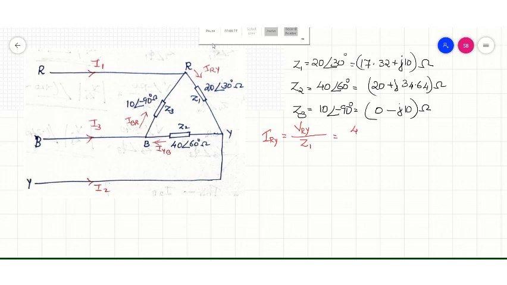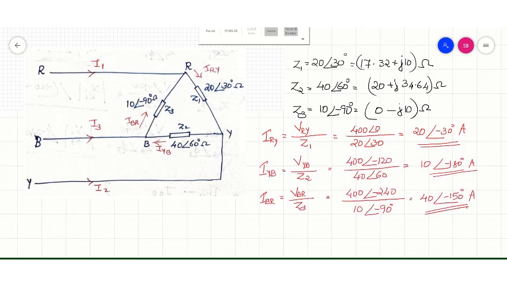So VRY is 400 angle 0 degree divided by Z1, which is 20 angle 30 degree. We will get it as 20 angle minus 30 degree amperes. Then we have to find IYB and IBR also. So we got the phase currents like this.